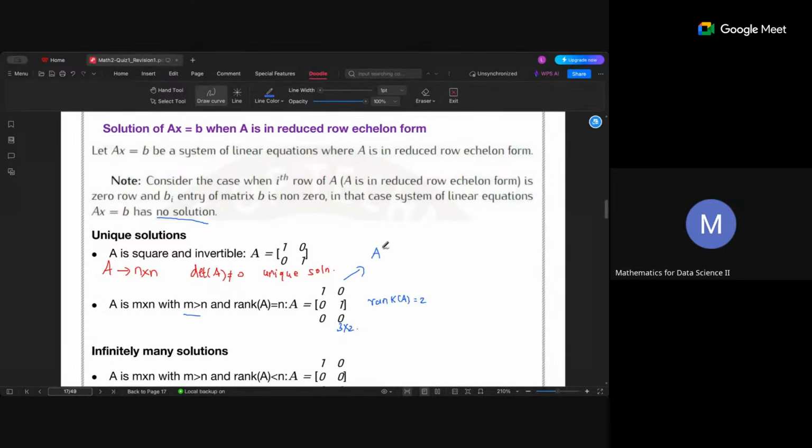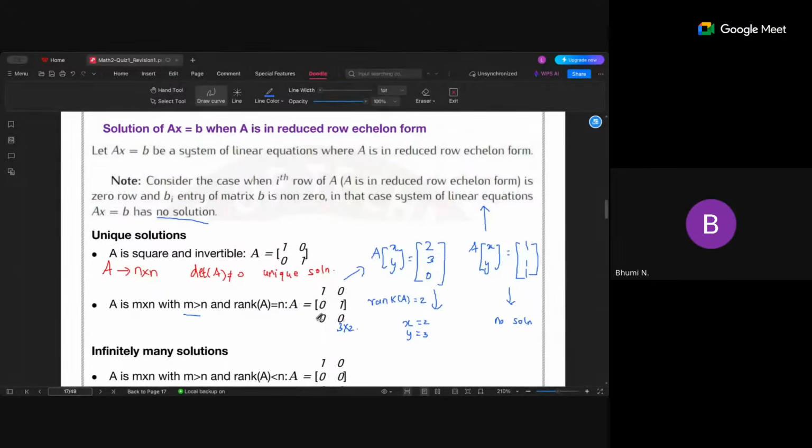Let us take A into (x, y) is equal to, let us say, (2, 3, 0), and let us consider another scenario, A into (x, y) is equal to, let us say, (1, 1, 1). Now this equation has a unique solution where x is equal to 2 and y is equal to 3, and here no solution. Is that clear?